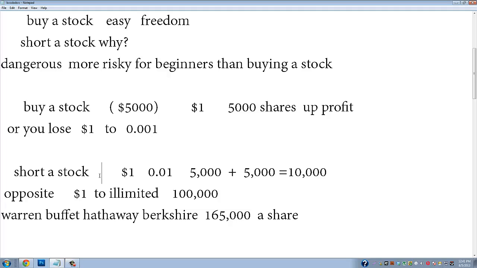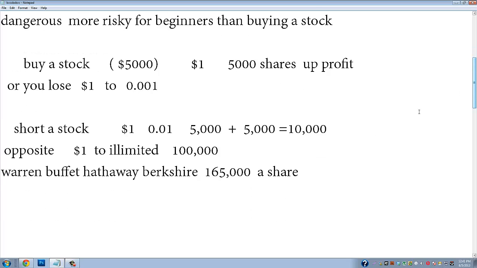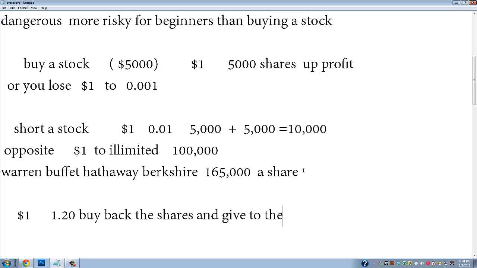If someone is not a beginner, if he is a professional, he knows what to do. For example, let's say the stock is $1. He says if it goes to $1.50, I will buy back the shares and give them to the broker.